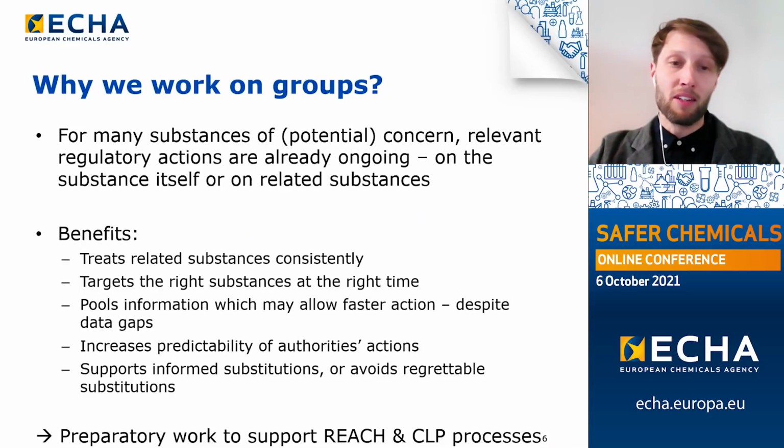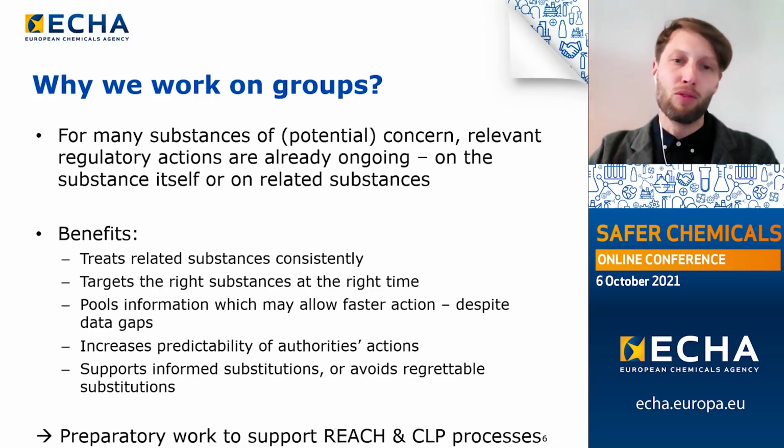By addressing these related substances at the same time, we become more predictable, and we also support informed substitution. So we help companies to understand that similar substances with similar hazardous properties, for example, will be regulated at the same time.